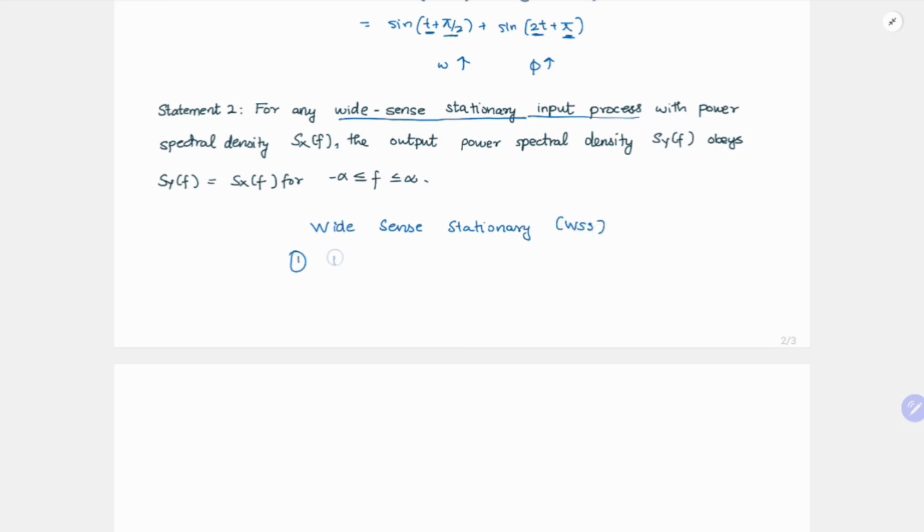So the first one is its mean. Its mean does not change over time. It is the same as x of t plus some tau. And this is constant, and it is independent of time.